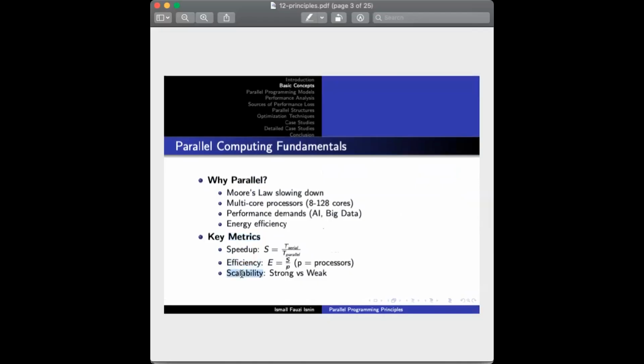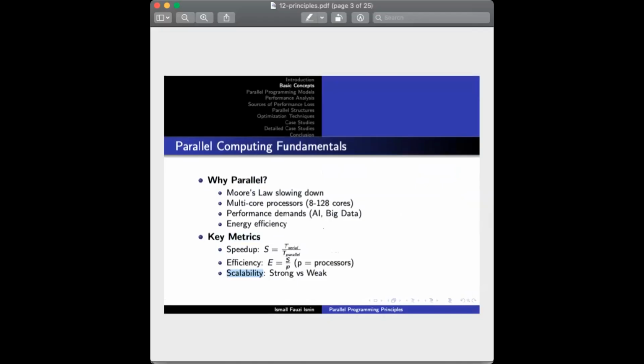And for the scalability, we analyze it through two points, strong or weak. Strong scaling looks at how our execution time decreases when keeping the problem size fixed while adding more processors. Weak scaling looks at whether we can maintain a constant execution time by increasing our problem size proportionally as we add more processors.